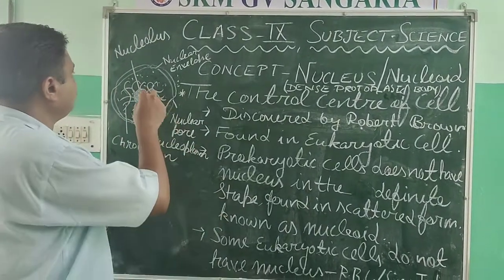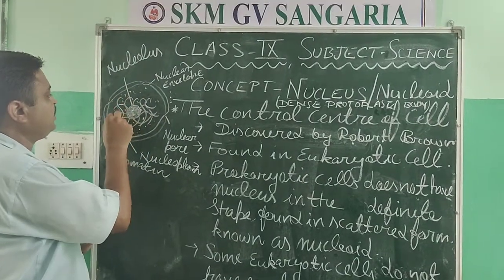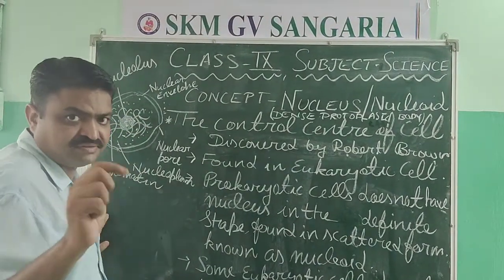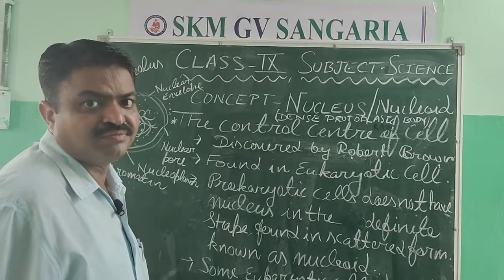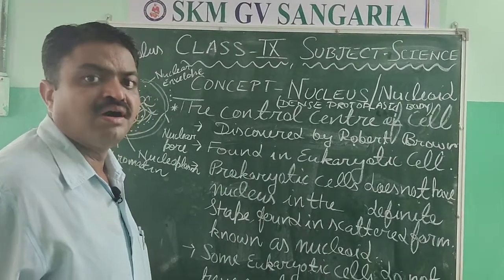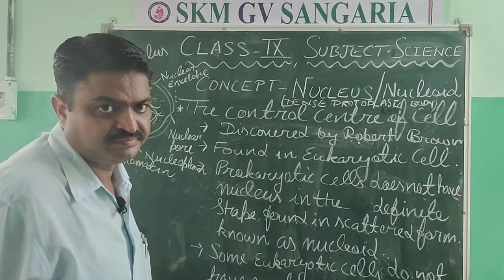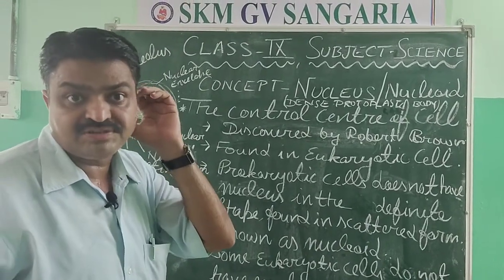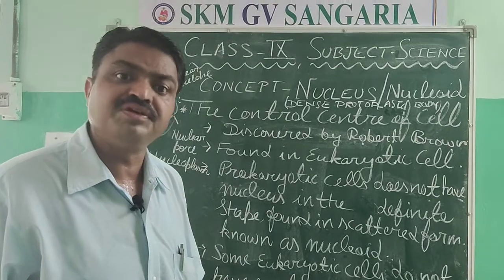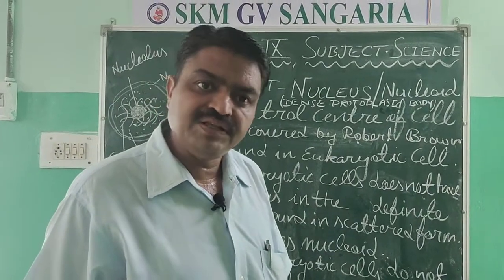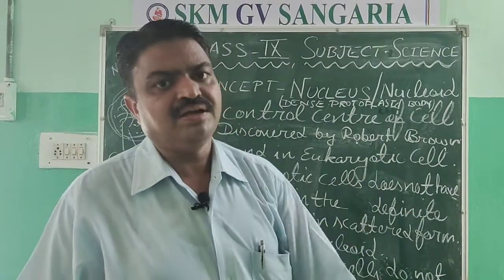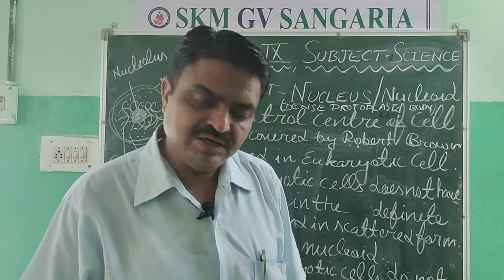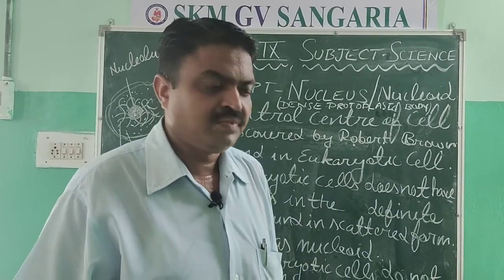And those chromosomes have granule-like substances. Those granule-like substances are known as genes. So what are genes? Genes are segments of DNA. With this, RNA is also found.